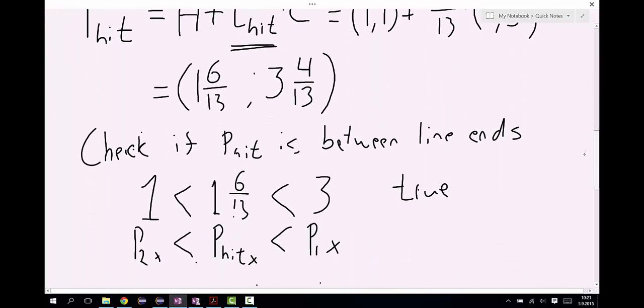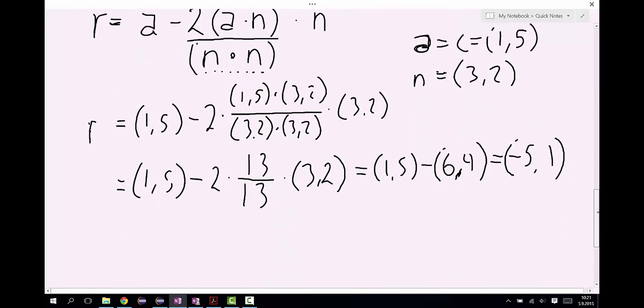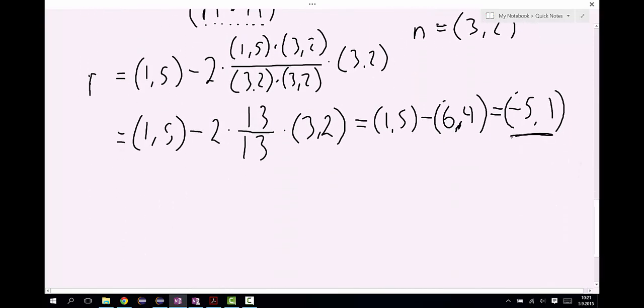So we're going to say minus 5, 1 is the new direction. So the particle that we have, the point A, needs to take its whole direction, which is here, vector c, but it needs to travel this vector here, which is c times t hit.